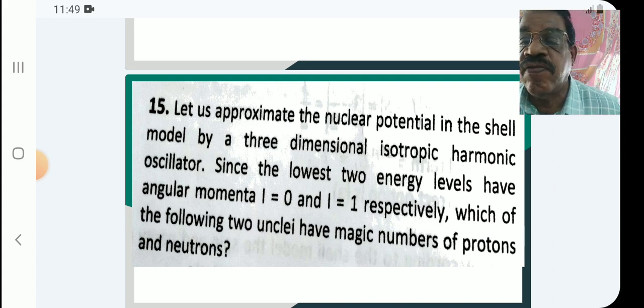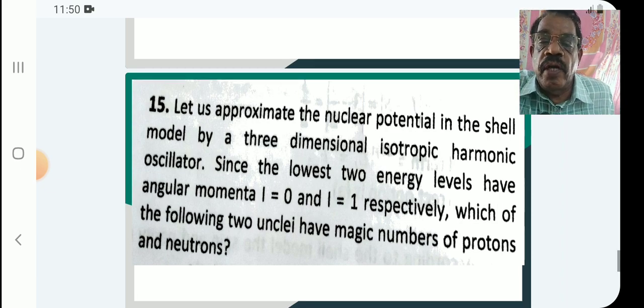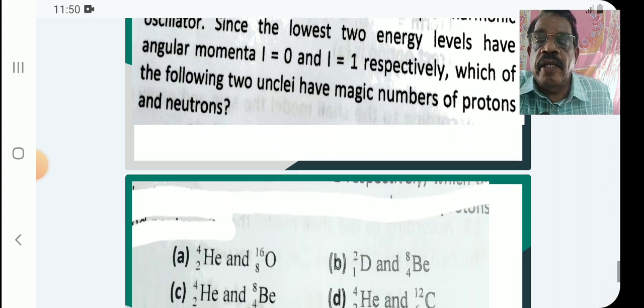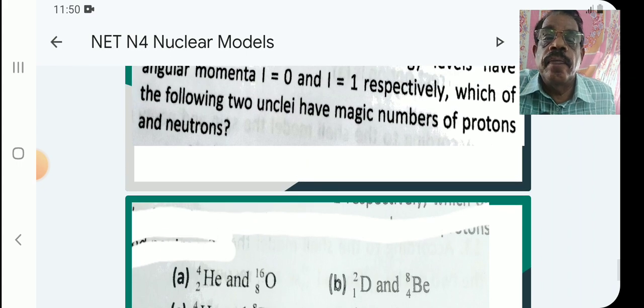Which of the following two nuclei have magic numbers of protons and neutrons? According to the shell model, you have studied magic numbers 2, 8, etc. Magic numbers you have studied. And here the question is, which of the following two nuclei have magic numbers of protons and neutrons?